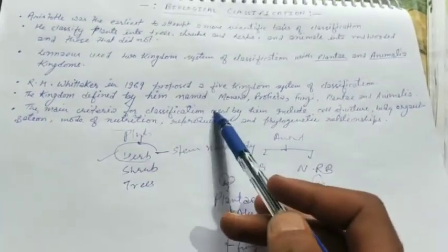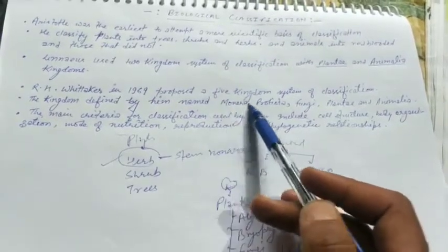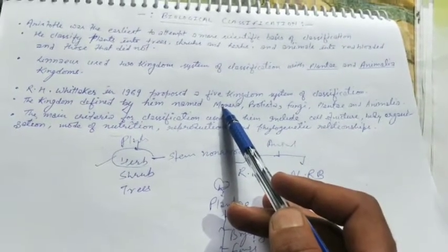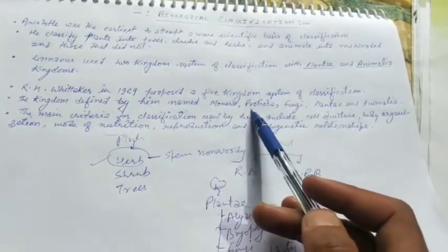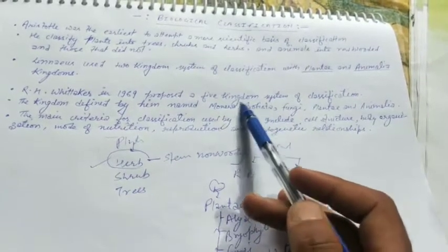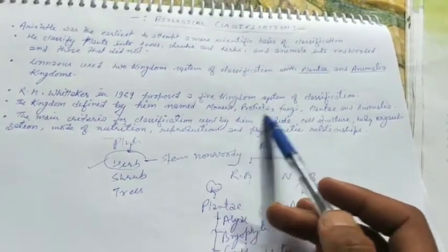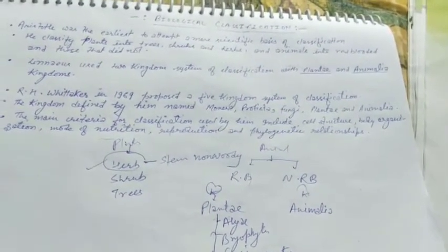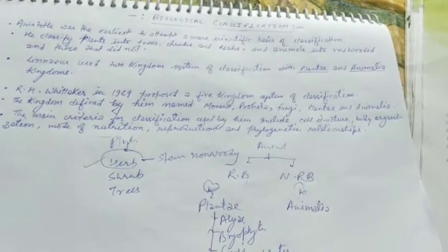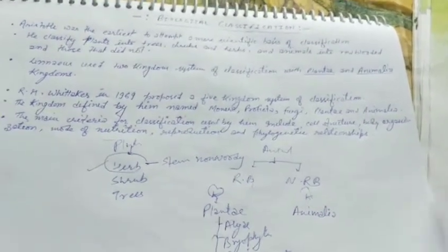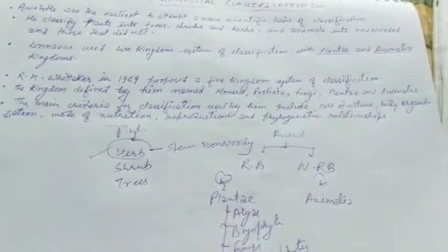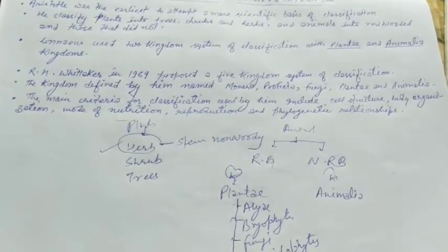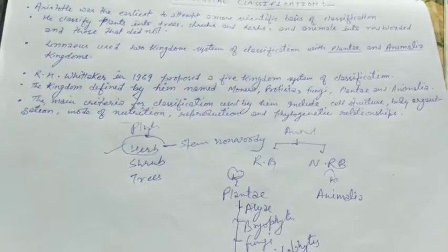He included all the prokaryotes into Monera, like bacteria and blue-green algae, which is later named cyanobacteria. In Protista, he included all the unicellular eukaryotes. In Fungi, he included the eukaryotic fungi, and in Plantae, he included all the plants, and in Animalia, animals are there. So this classification system is known as the 5 kingdom system of classification.